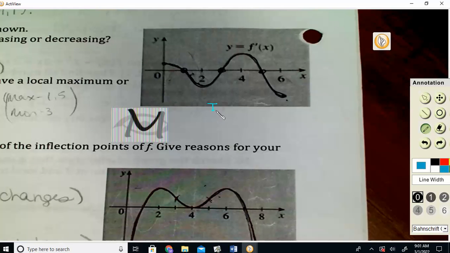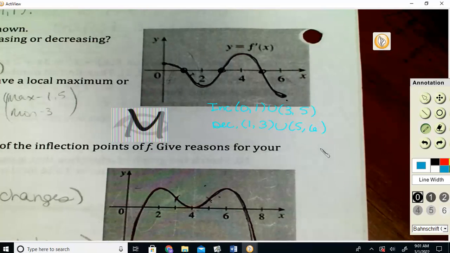So if we're looking at the derivative, how do you know if the original was increasing? What should be true about the derivative? It should be positive. So this graph is positive from where to where? 0 to 1 and 3 to 5. So it's decreasing where it's negative, which is 1 to 3 and 5 to 6.